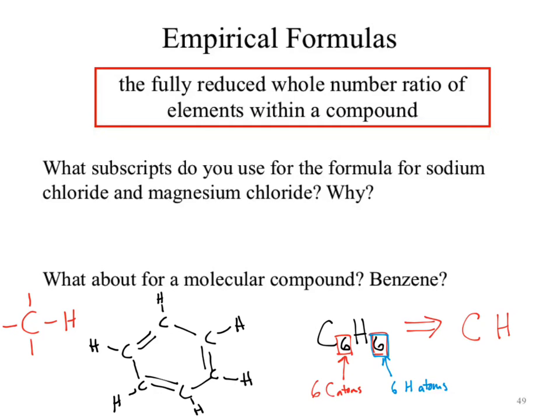If I wanted to weigh out benzene as a compound, what would I use as the unit for that mass? The unit for mass is grams. Okay, there we go. We'd use grams. What is the mass in grams of 6 carbon atoms? In grams. I'm hearing 72 grams.